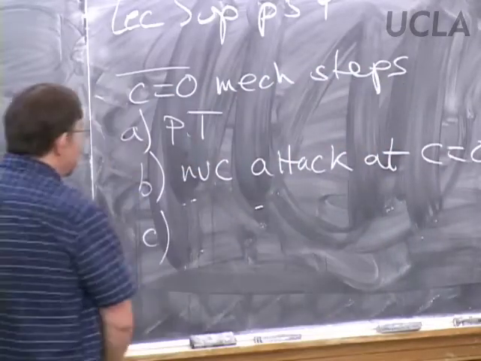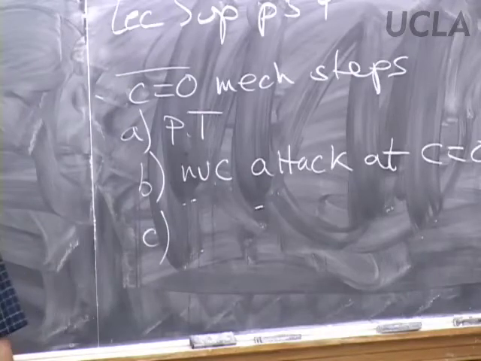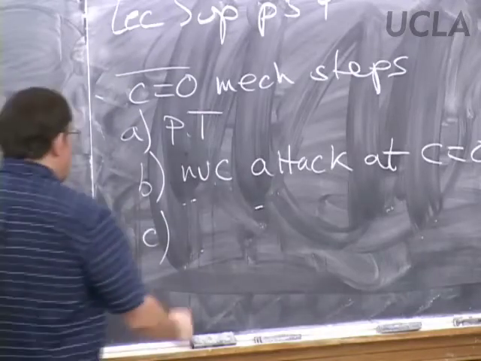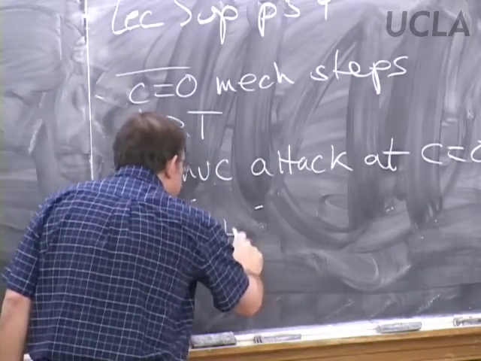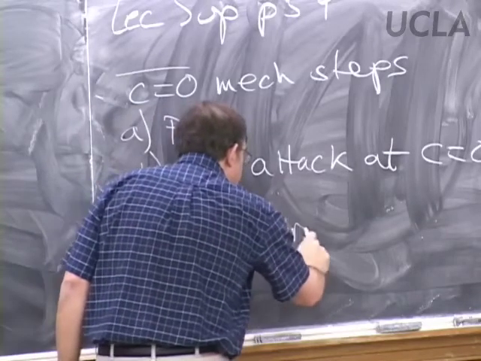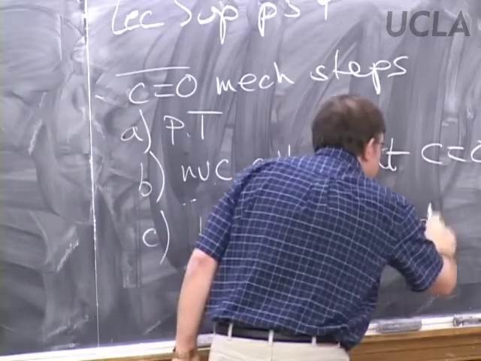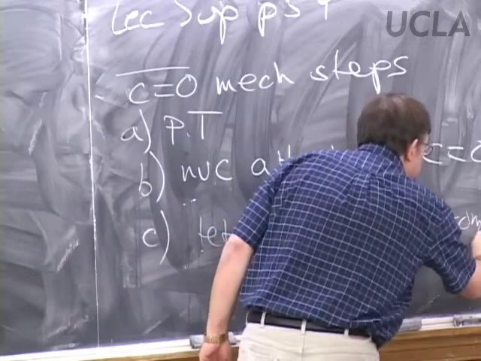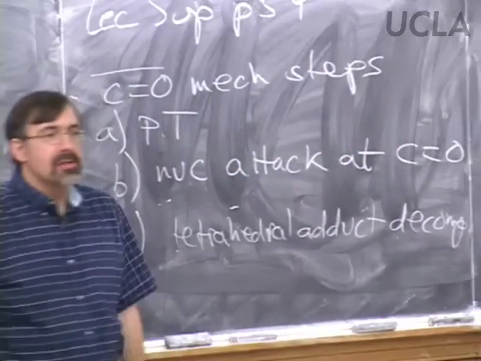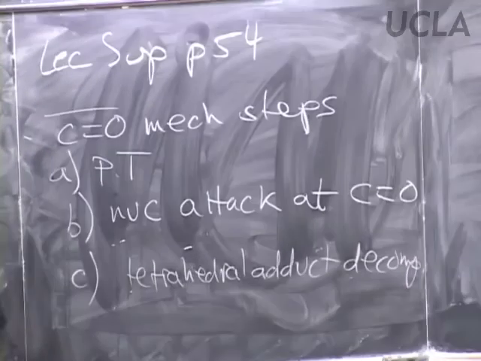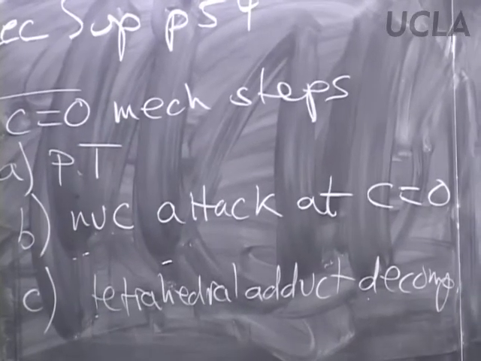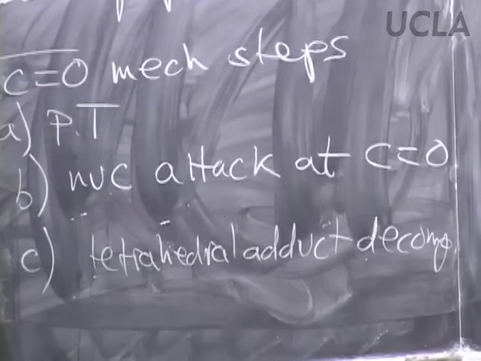And the third one is ejecting a leaving group, tetrahedral adduct decomposition. And that's usually going to mean ejecting a leaving group. So bear that in mind when you're doing a carbonyl mechanism and you don't know what to do next, it's pretty much going to be one of these three.